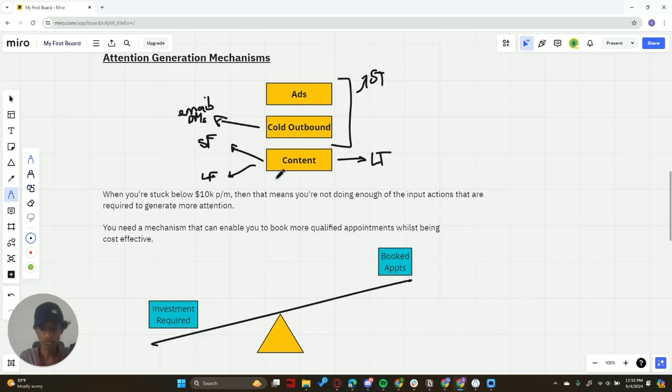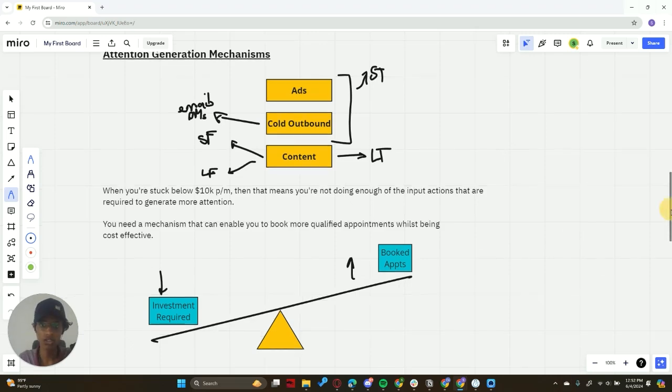Now, if we look at it in the form of a scale or a seesaw, whatever you want to call this, you need to have low investment but high amount of output, which is booked appointments. Because the more appointments you can generate, the more conversations you can have with people that actually have the money to invest in your services and actually have a problem that requires solving.